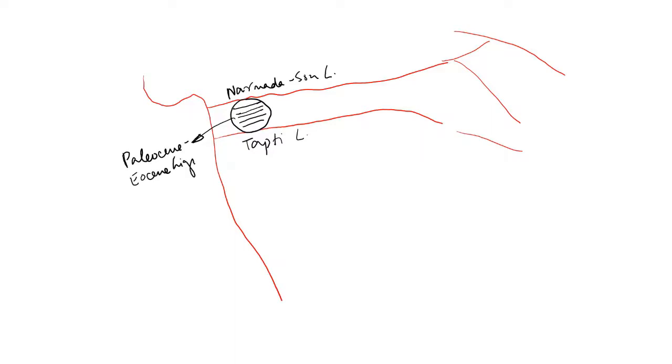So this is the Narmada Son lineament, and this is the Tapti lineament. Then there are some deposits which belong to Paleocene Eocene lignites. So these are the Paleocene Eocene lignite deposits.